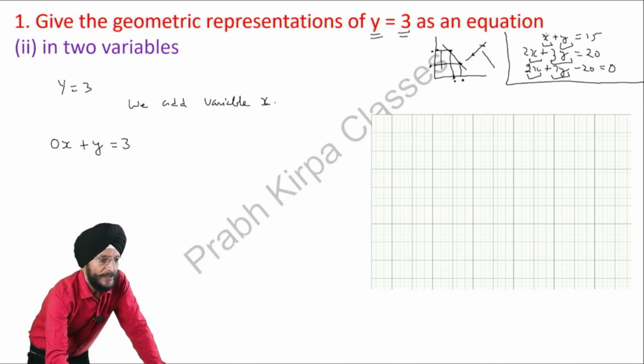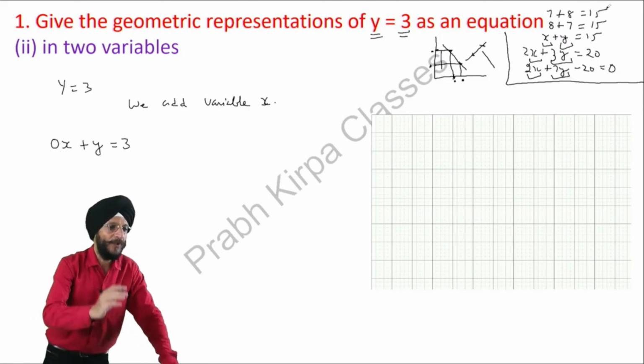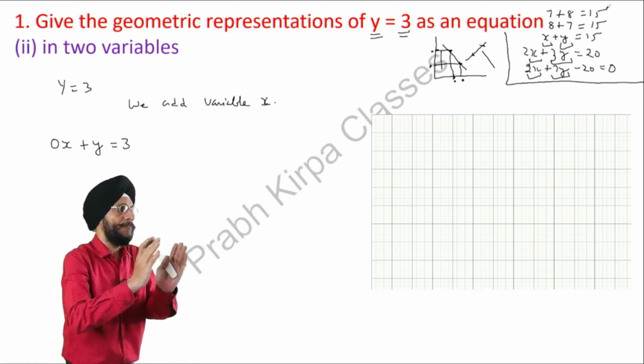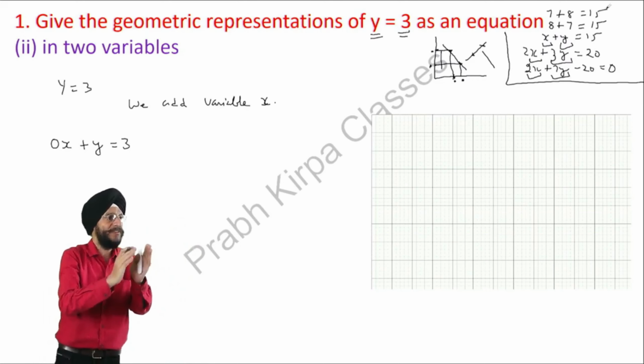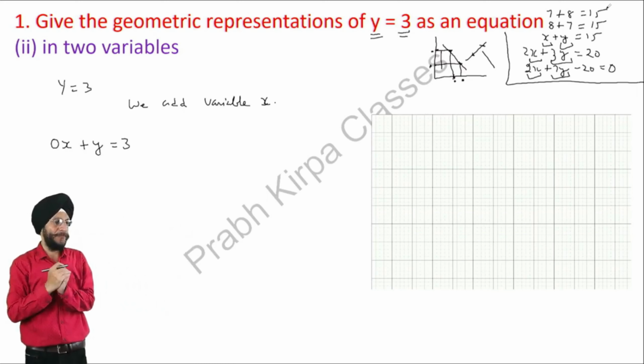How? We can understand the same also. If we write x plus y is equal to 15, we can say that x is 8, y is 7, then it is 15. We can write x is equal to 7, y is equal to 8. That is, we have to find out at least 2 solutions in respect of x and y which satisfy the equation.